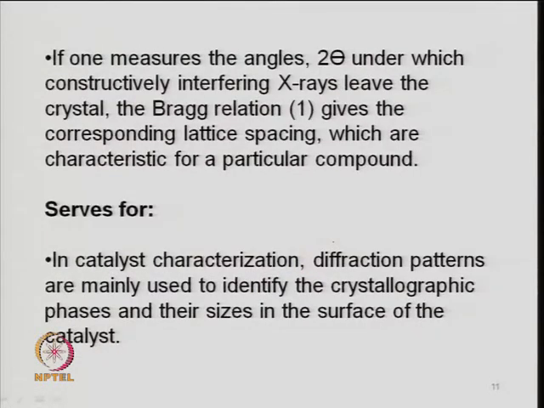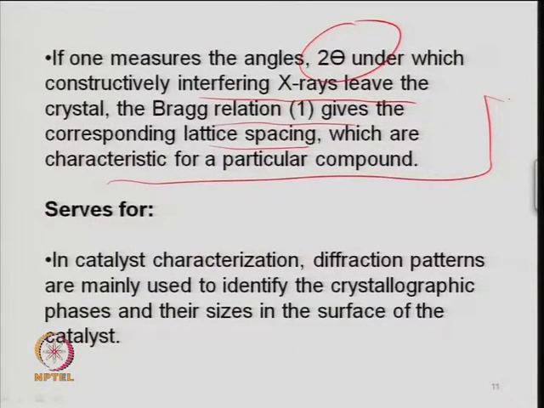So, you know this angle 2 theta, because you have given the beam interaction and you are measuring the intensity of the different diffracted beams, the reflected beams which come from the surface. The angles under which the interfering X-rays leave the crystal, through Bragg's equation, give the corresponding lattice spacings, which are characteristic of a particular compound.